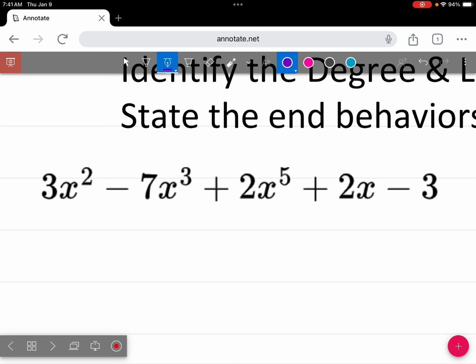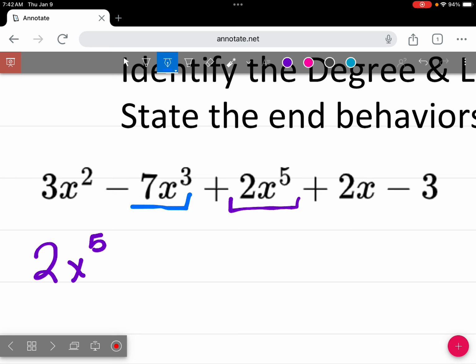So we're going to start by putting it in order from biggest to smallest exponent. What is my biggest exponent? Where's our biggest exponent on that left one? Over here. What's our biggest exponent? 5. This guy, so this needs to be in the front. So we're going to have our 2x to the 5th. What is my next biggest exponent? The 3.